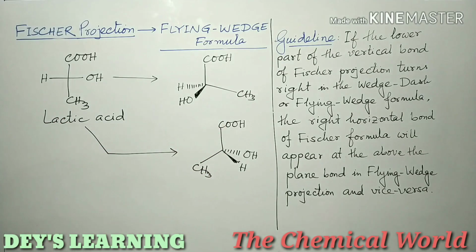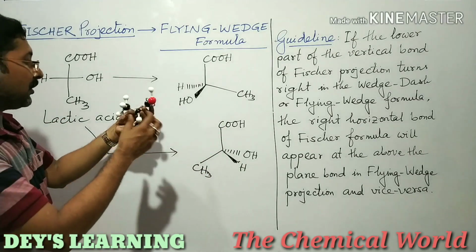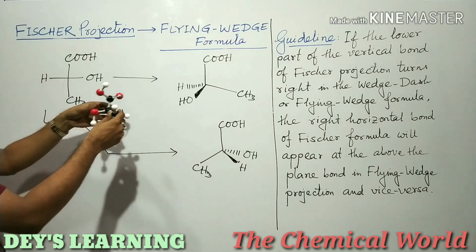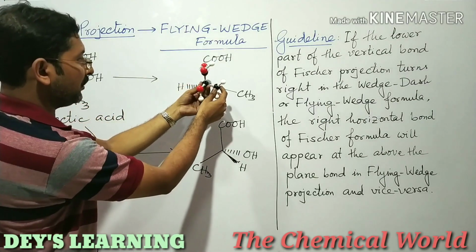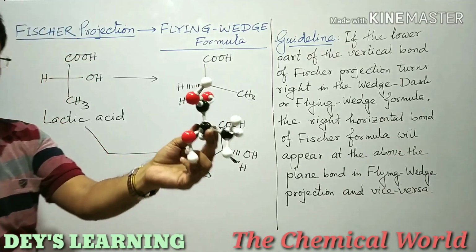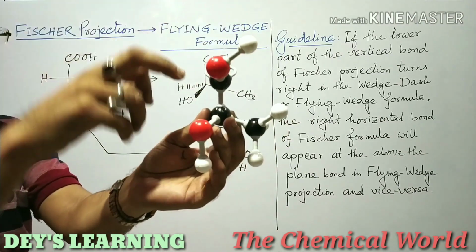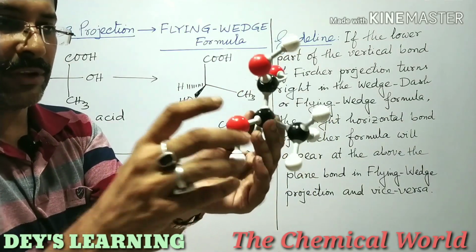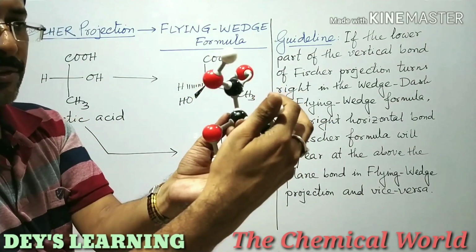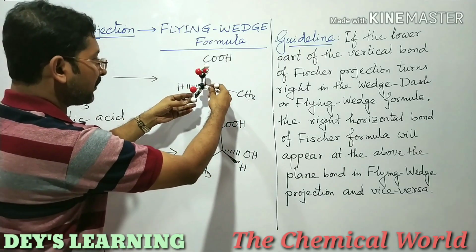Look at here. This is our lactic acid. Here it is the presentation of this molecule. This is your COOH, C double bond O, single bond OH. This is your OH, this is your hydrogen, and this is your CH3. So this is the presentation.